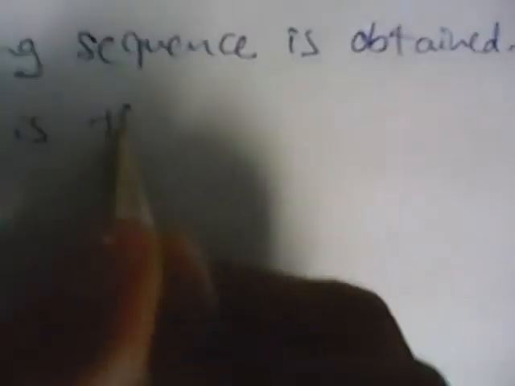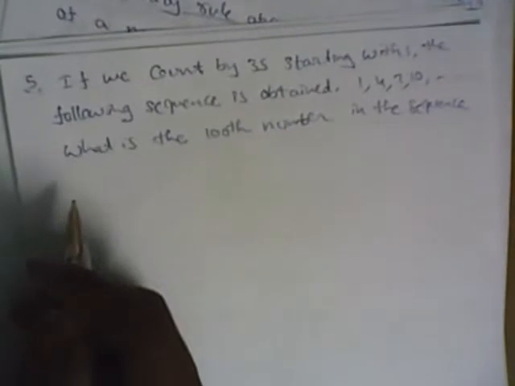The fifth sum is, if we count by threes starting with 1, the following sequence is obtained: 1, 4, 7, 10, etc. What is the 100th number in the sequence?